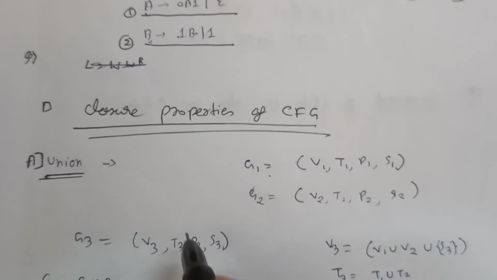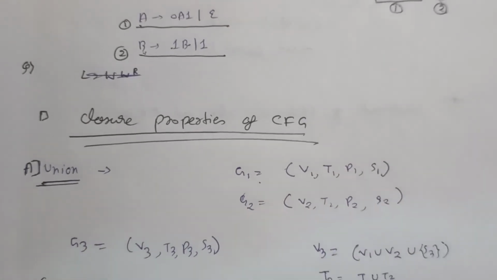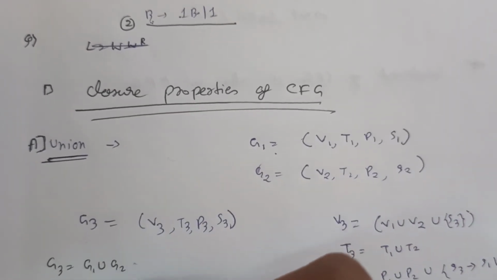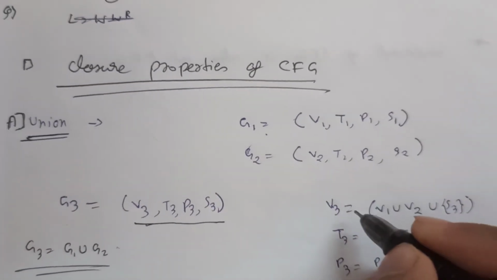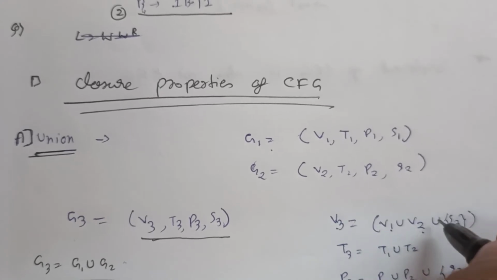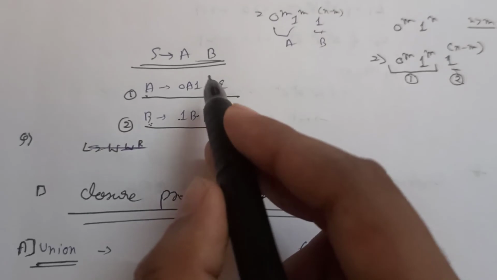So there is another grammar G3 which has this type of tuple. If I need to make G3 equal to G1 union G2, then what will be the sets for G3?